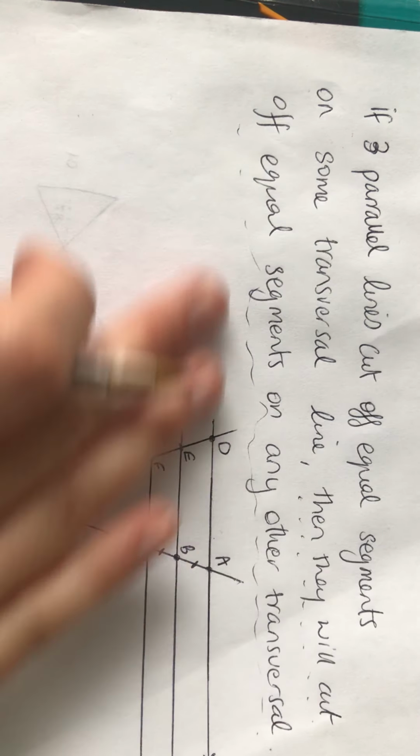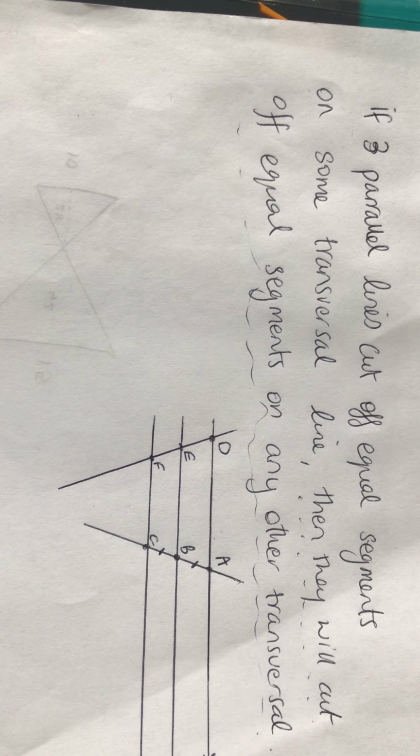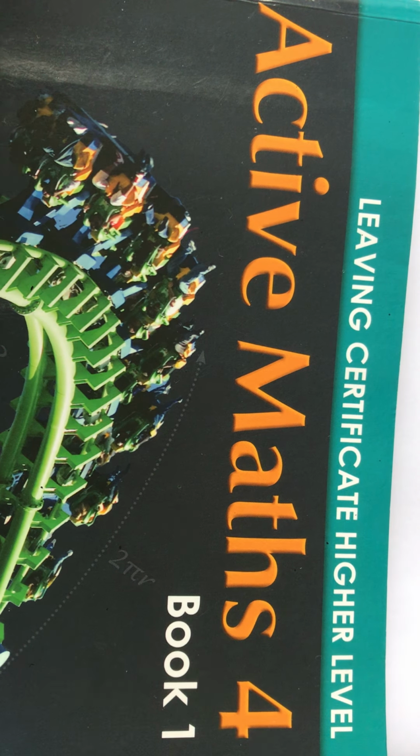And I'm taking all of that from the statement here. I wouldn't learn anything off it. I just need to understand how to take the statement and work with it. Just in case, the converse of this theorem is actually true as well. Converse means the reverse. So if we know that DE was equal to EF and AB was equal to BC, then we know we have parallel lines there.